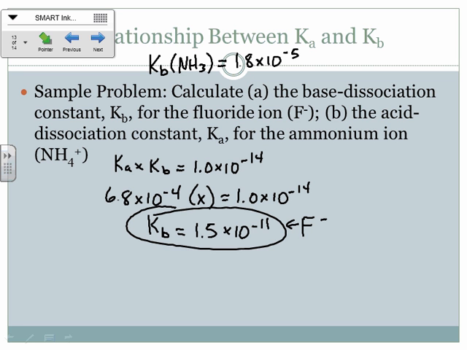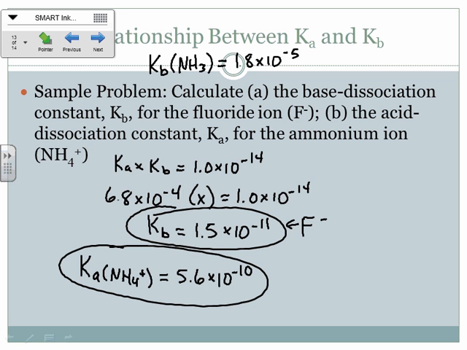Okay. So then, you probably can see this at this point. All we have to do is take whichever one we know and take 1.0 times 10 to the negative 14th divided by that number, and that'll give us the other one. Okay, so if we're trying to find the Ka here, we just take 1 times 10 to the negative 14th, divide it by 1.8 times 10 to the negative 5th, and then our Ka for NH4 plus is going to be 5.6 times 10 to the negative 10th.